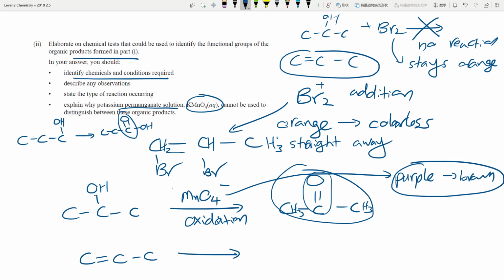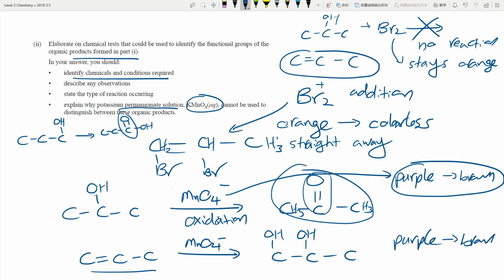Now, same thing with your permanganate reacting with alkene. You will form a diol. You will oxidize both of these double bonded carbons, and you form a diol, and then you also see a color change of purple to brown. So you can just talk about that.